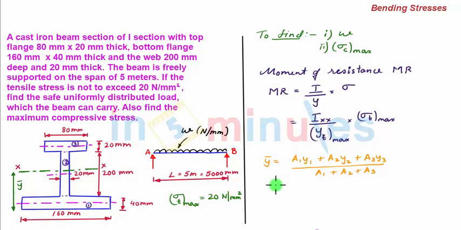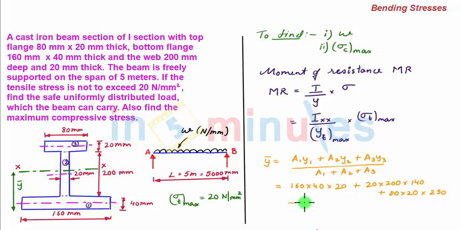So I can write it as, if I substitute the values, a1 is width into depth, so 160 into 40, into y1 is 40 by 2, so 20, plus a2 is width into depth, so 20 into 200, into y2 will be 40 plus 200 by 2, so 140, plus a3 is 80 into 20, into y3 will be 40 plus 200, 240, plus 20 by 2, so 250.